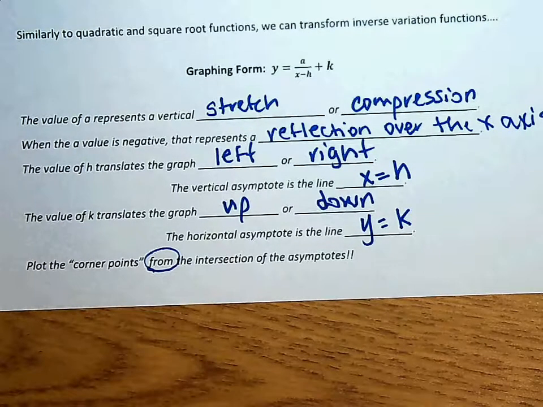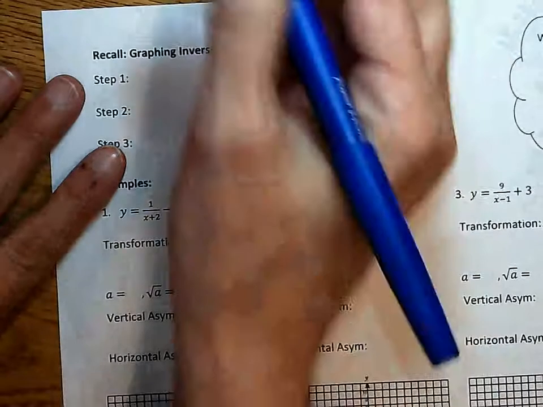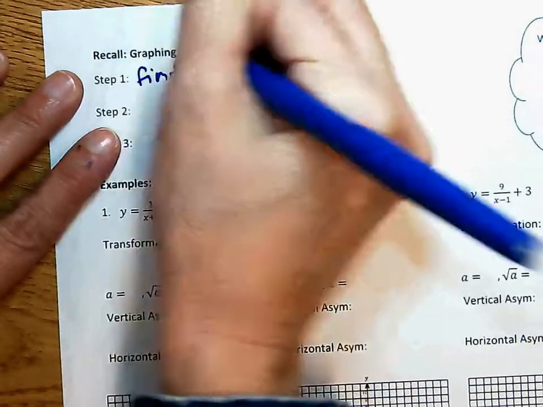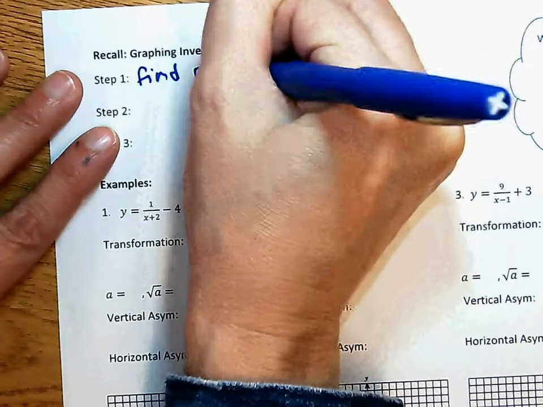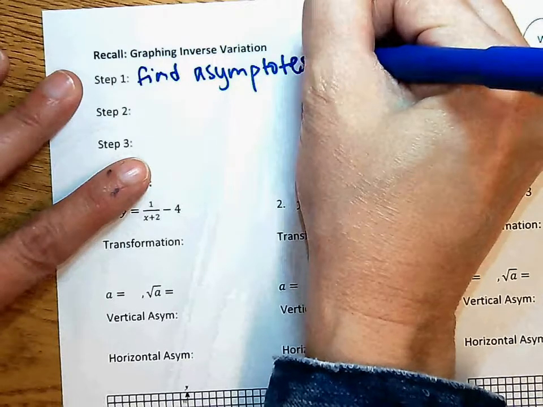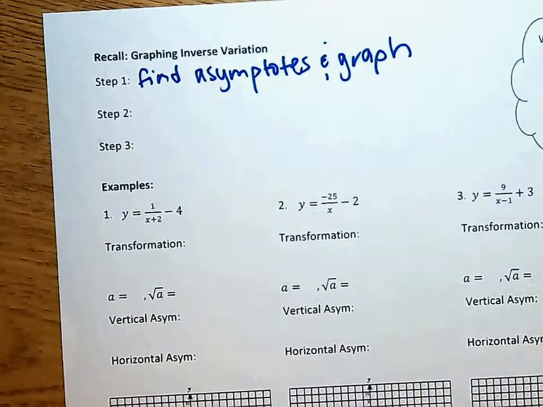So let's look here to graph them. Last page. We're going to get through this pretty quickly here. To graph them, you want to find the asymptotes first. So you want to find the asymptotes and graph.